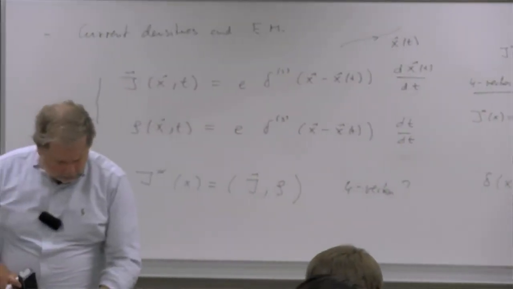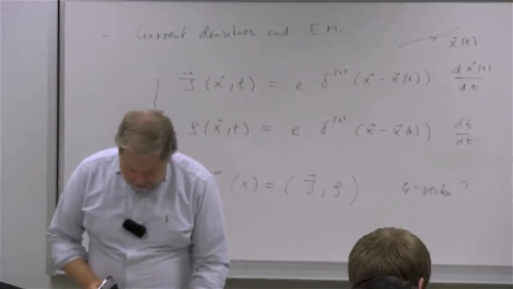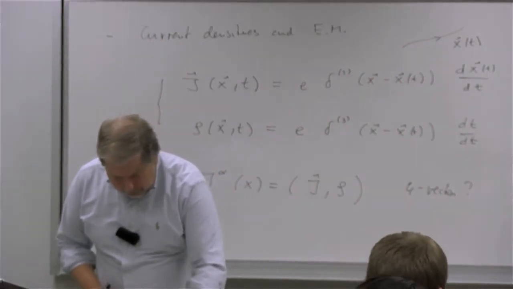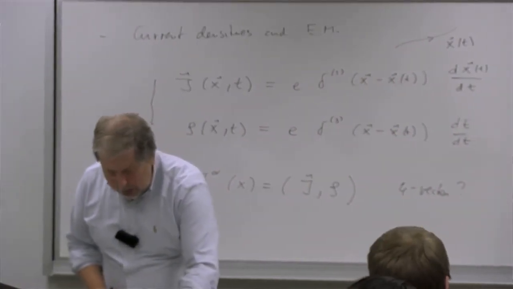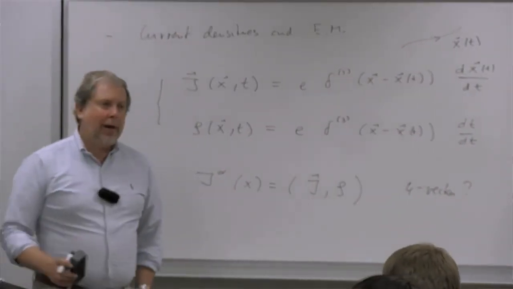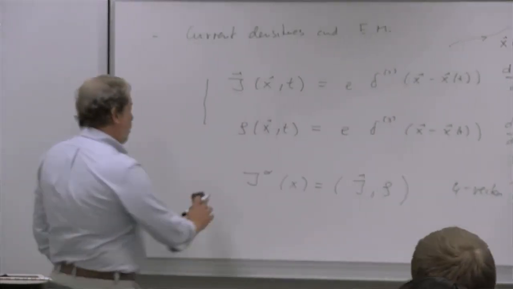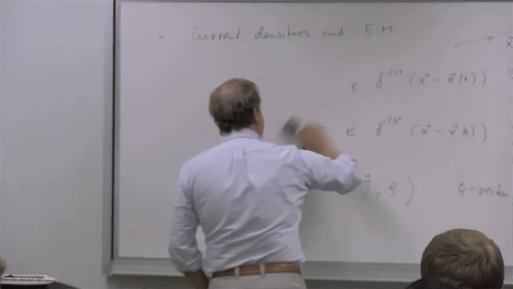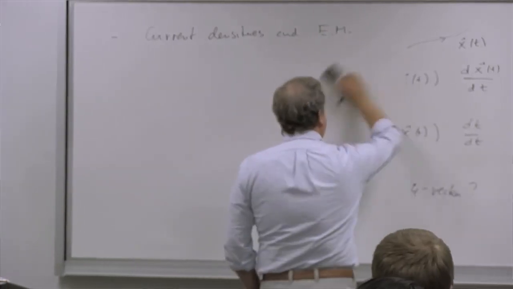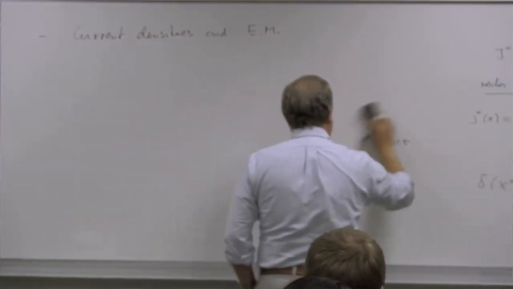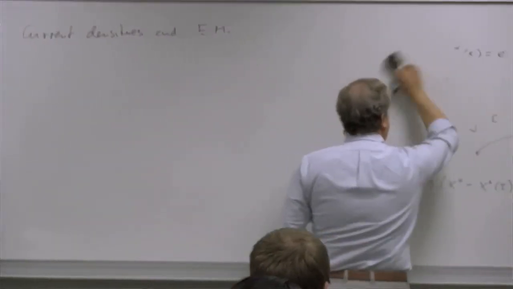So it has all the right properties, and that's for a single particle. Now, if we're dealing with electromagnetism or electromagnetic interactions, then there is a second component that we want to bring up, which is the electromagnetic field itself.